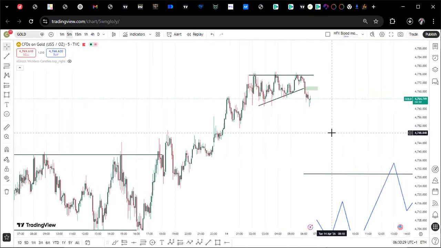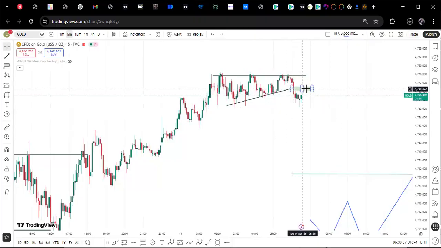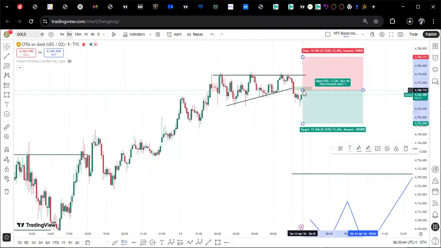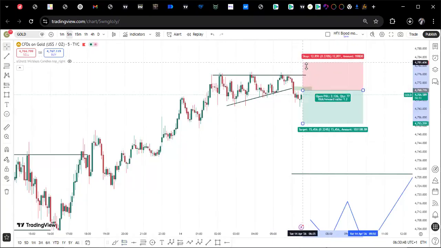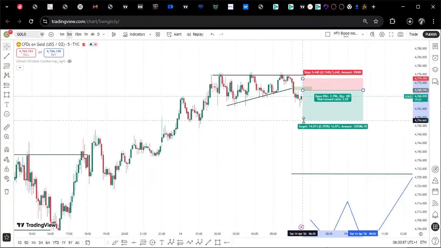Okay. So, all right, this is 6:30. I think I would decide to entertain a sell right here. If it taps into this area, I'll risk it as low as possible. Just 5 pips for how many? 5 for 14.